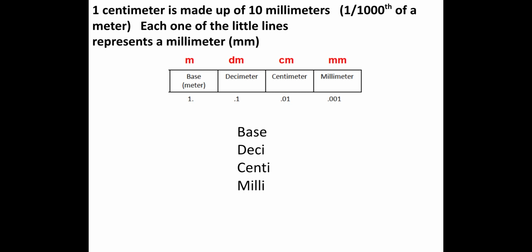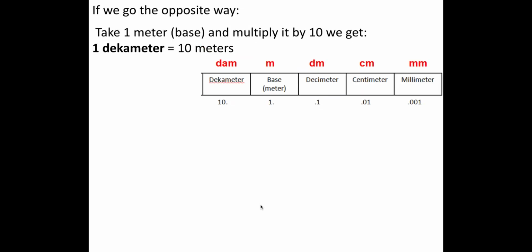So remember, you have a base unit, which is a meter, and you have smaller units compared to the meter, like the decimeter, the centimeter, and the millimeter. If you see what they have in common, they all have this I ending. Now you have other units that are bigger than the meter, like the decameter, abbreviated as dam.